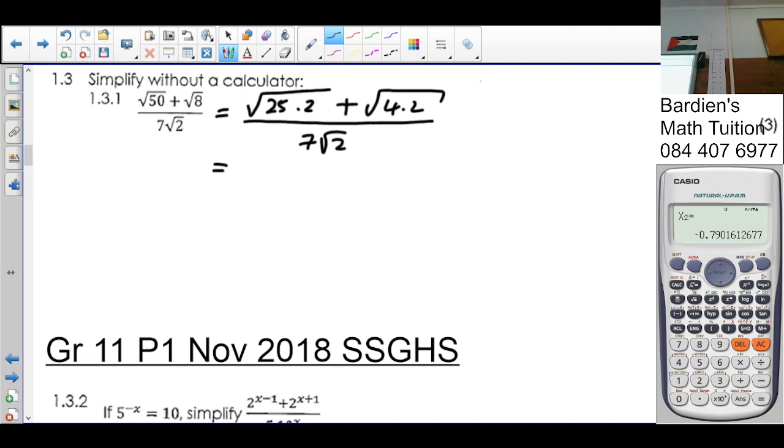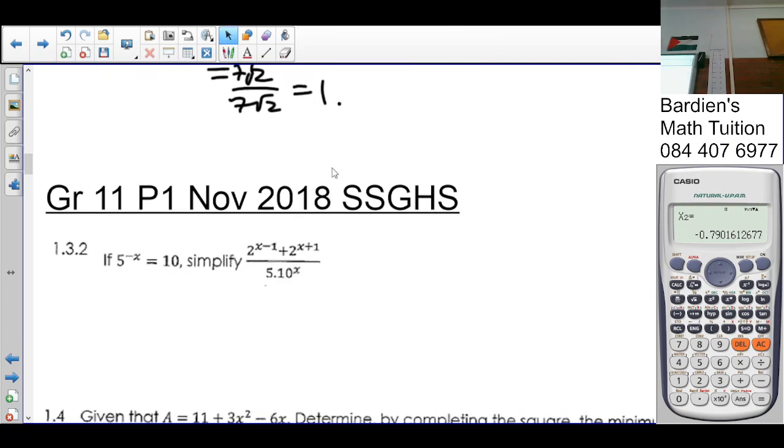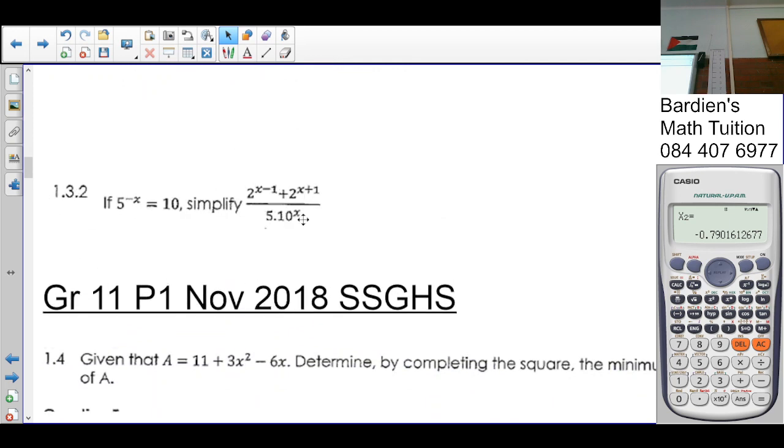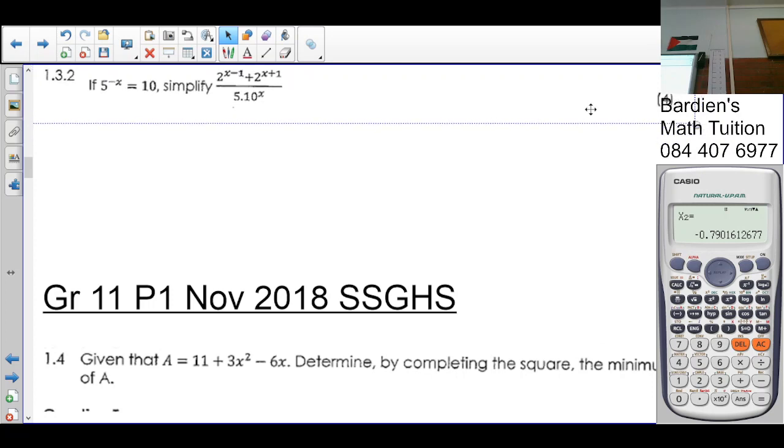The square root of 25 is 5, so it's 5 root 2, plus the square root of 4 is 2 root 2, over 7 root 2. So 5 root 2 plus 2 root 2 is 7 root 2 over 7 root 2, which is equal to... Okay. When you are using a calculator, you get 0. Okay.